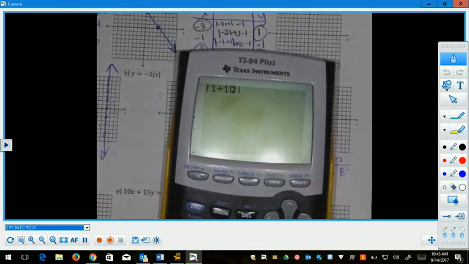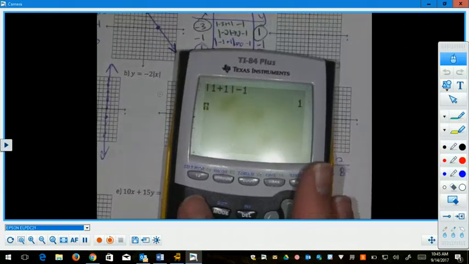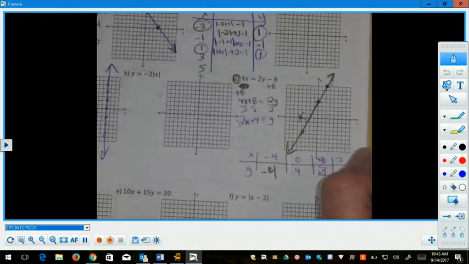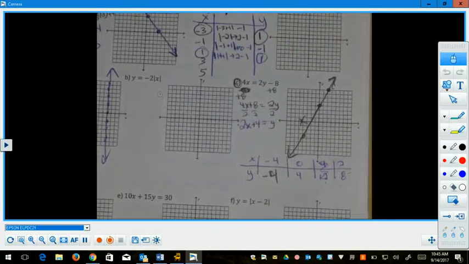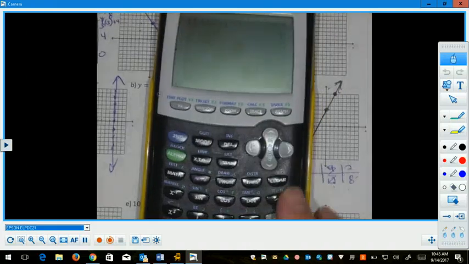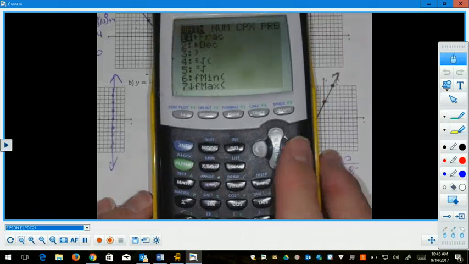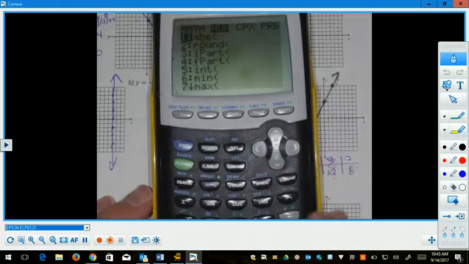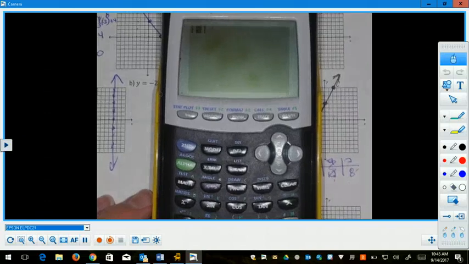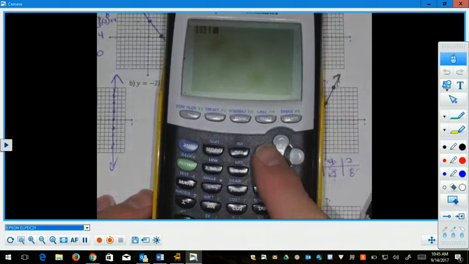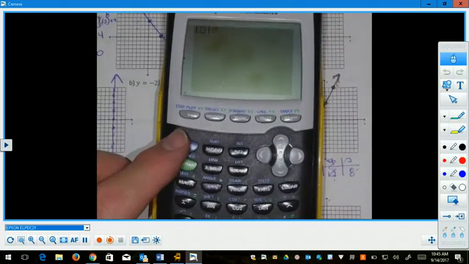So you can do 1 plus 1, and then outside, minus 1. But if you don't have a graphing calculator, there's supposed to be a way, but I'm not sure. So you might want to Google it. I'll try to look it up too. Wait, can you do that again? Yep. Under math, you press the math key, go to number, ABS, and it'll bring up the absolute value. And then you just have to push over for the stuff outside of it.